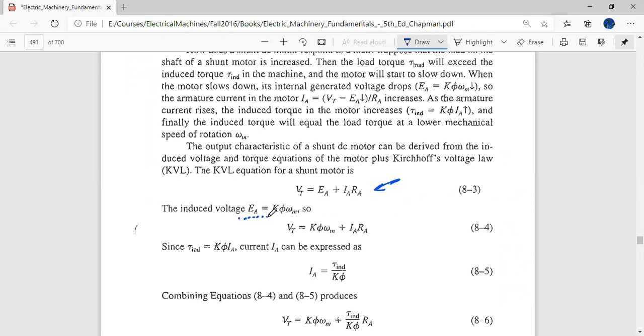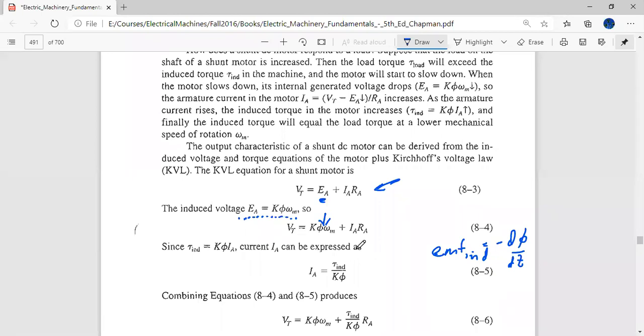This is a universal equation for all the DC machines, that the armature induced EMF is a function of the rate of change of flux, because we know by Faraday's law that this is equal to minus d phi by dt, where the minus sign comes from Lenz's law. So I can substitute EA by its equivalent expression here, and relate it with the mechanical quantity of the motor and the flux, which are phi and omega m.